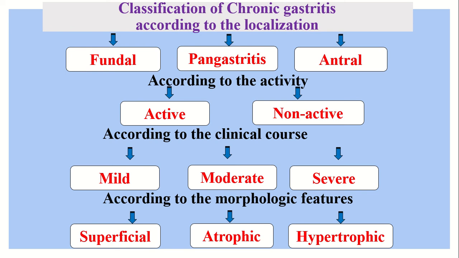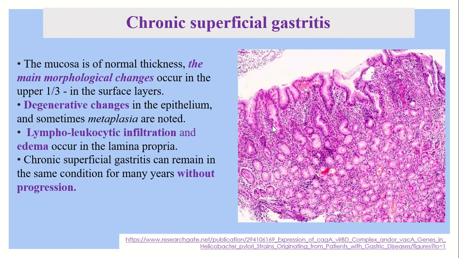According to the clinical course, there are mild, moderate, and severe gastritis. According to the morphological features, there are superficial, atrophic, and hypertrophic gastritis. We will mainly focus on the morphological features, or the pathogenetic features of gastritis with the activation.